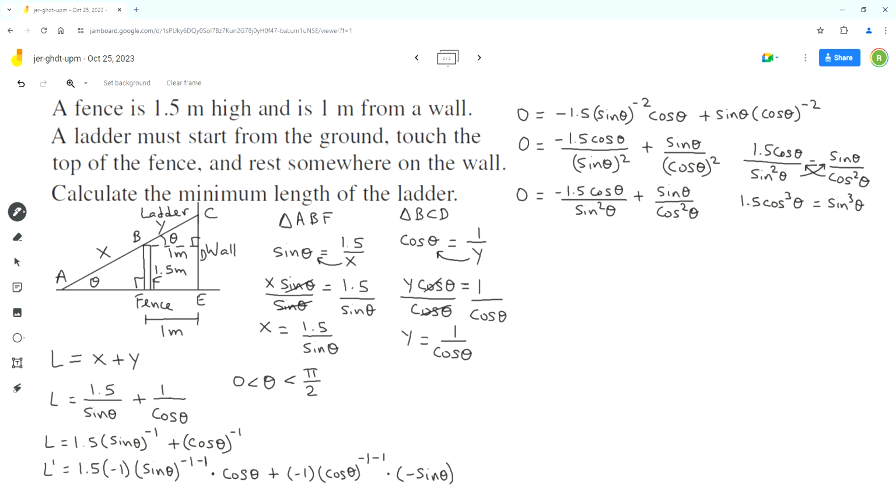Cos theta times cos square theta is cos cube theta, and similarly sine theta times sine square theta is equal to sine cube theta. Now we can combine the sine and the cos ratios by dividing both sides by cos cube theta. Sine over cos is equal to tan.